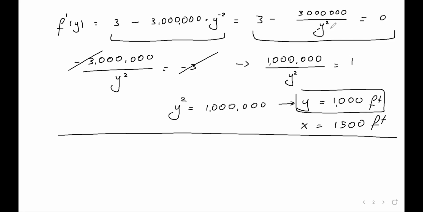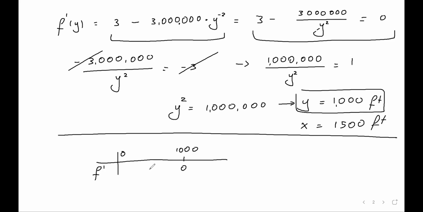Okay, so when y is less than 1000, for example, when y is 1, 3 minus 3 million divided by 1 is a negative number because it's 3 minus 3 million. So for the sign of the derivative, you can put 0 over here. It doesn't make sense at 0 for the derivative, but it makes sense here at 1000 where it is 0.